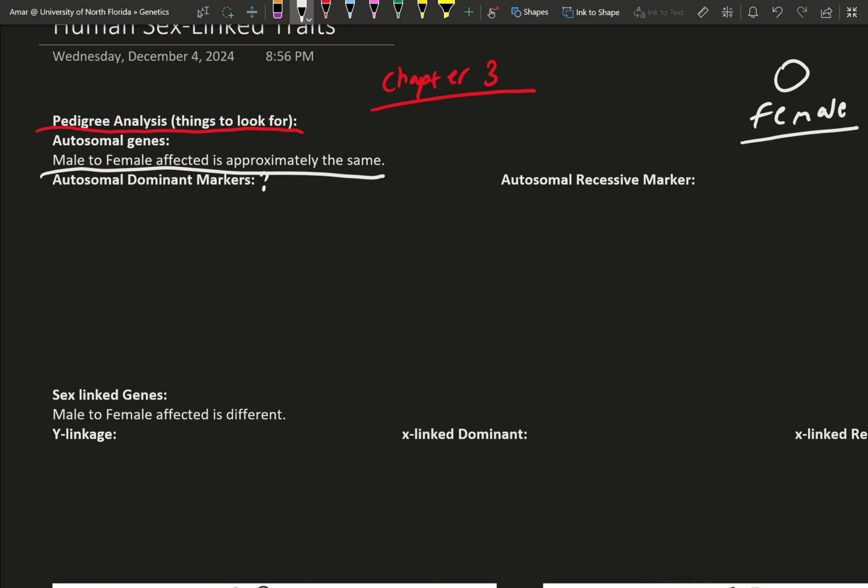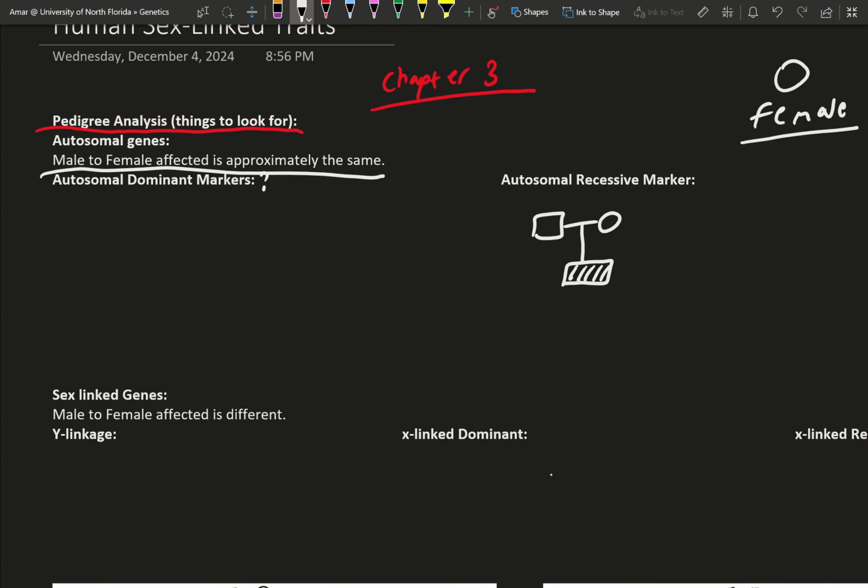The typical way you can do this is to determine if there is a trait for autosomal dominancy versus autosomal recessive. The way autosomal recessive works is that, let's say we have an individual, a male and a female, they're crossed together, and they end up with an individual that is affected.